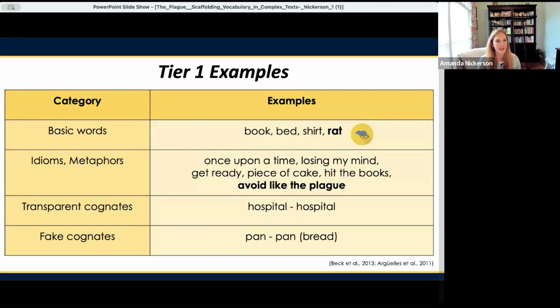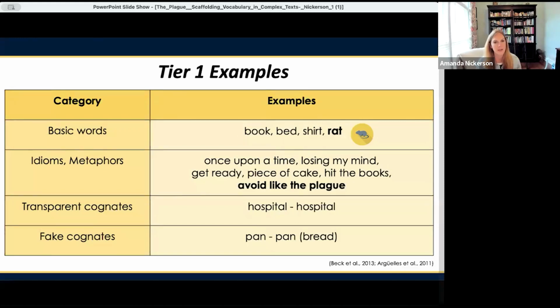We're going to be transparent and explicit about the cognates in our languages. We might need to teach them some of those basic words just because they may not always come to us with that language exposure if they're speaking different languages at home. And we may also need to pay special attention to the idioms and metaphors for English learners as well.